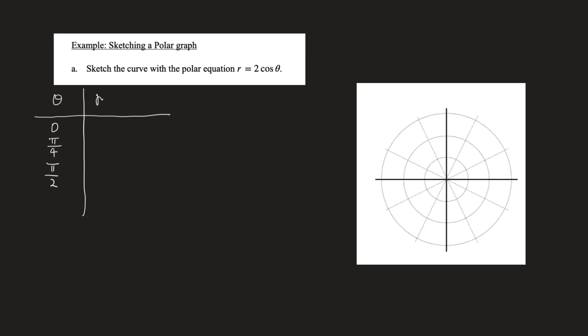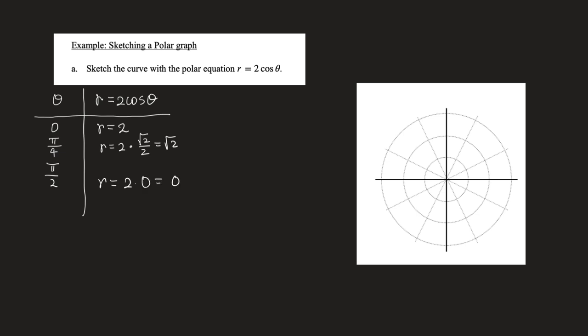Then we calculate r equals 2 cosine theta. Theta is 0, r is 2. Theta is pi over 4, cosine is square root 2 over 2, so r is square root 2. Theta is pi over 2, cosine pi over 2 is 0, so r is 0.